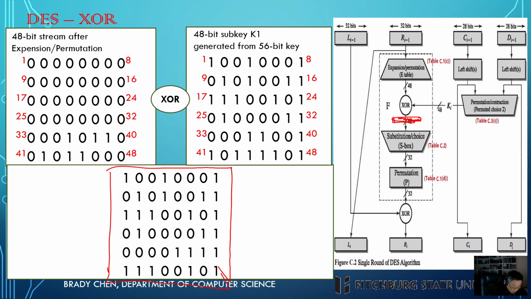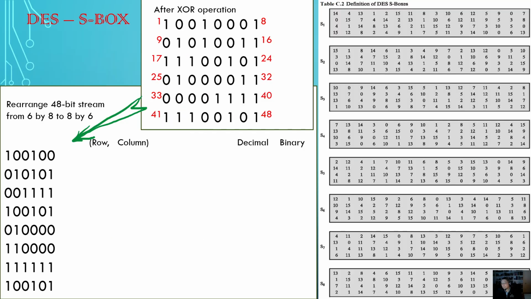The next one, we're going to go through the substitution choice, called the S-box, and we're going to shrink the 48 bits to 32 bits. How are we going to do this? Let's see. After the exclusive OR operation, we have the output, which is 48 bits.